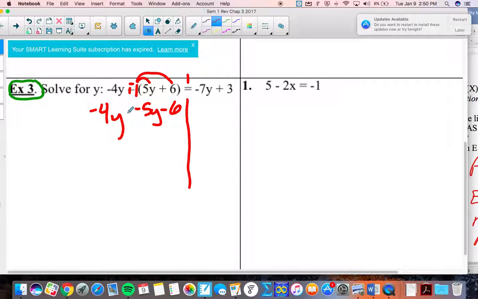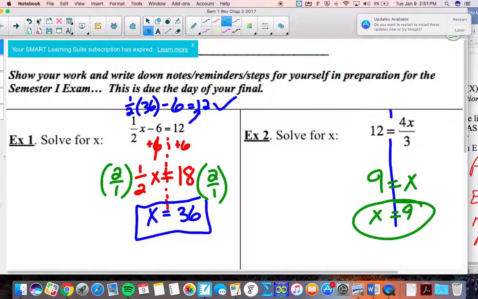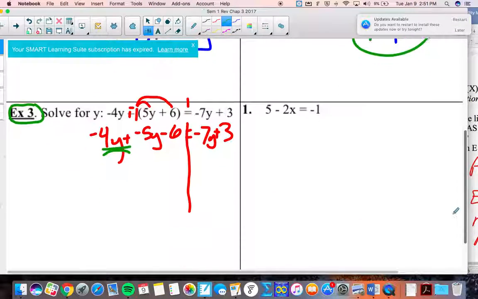So -4y plus -5y plus -6 equals -7y plus 3. On the left, we can combine the -4y and the -5y.